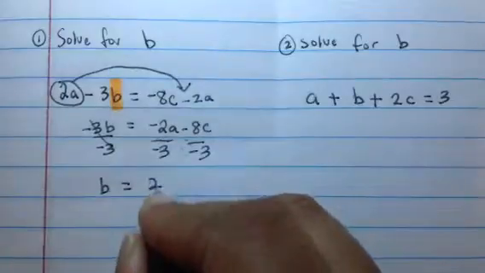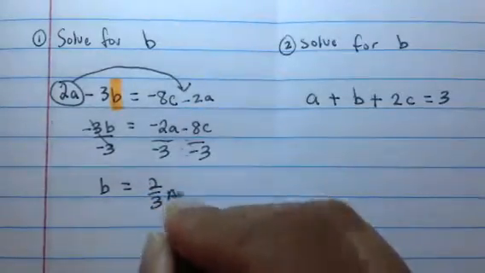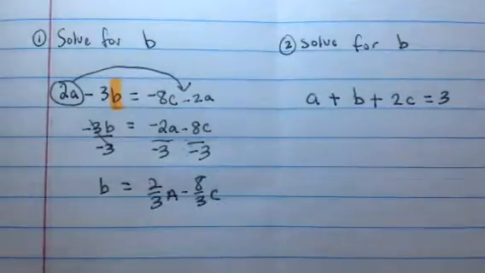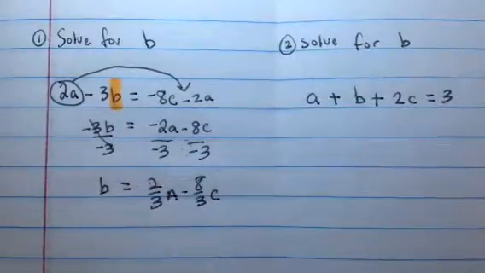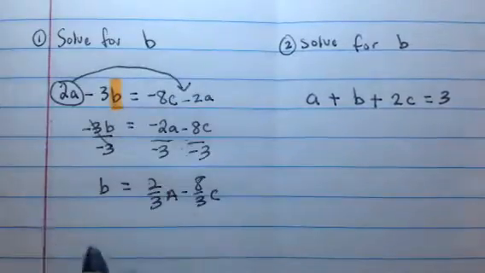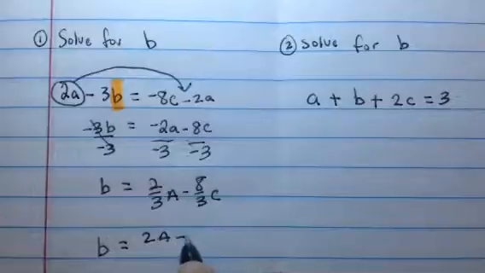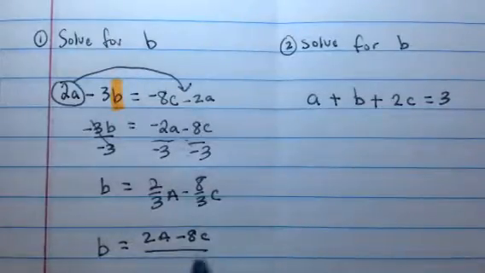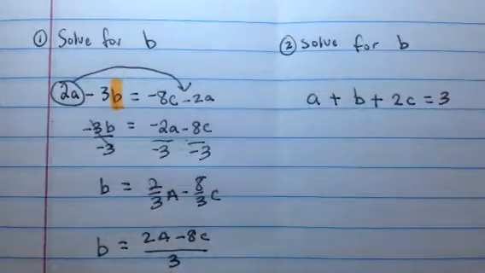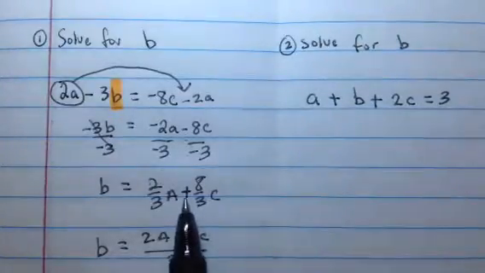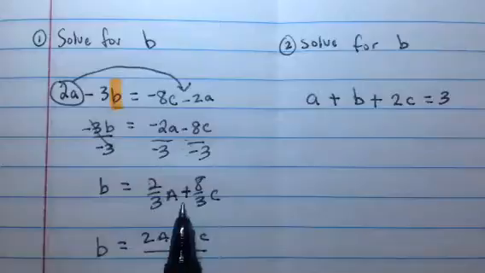And 2 negatives give you a positive. And most likely what you'll see on your EOC test, because these two are 3, you're most likely going to see 2a minus 8c over 3. Oh, that should be a positive. And just in case you don't see why, the 2 negatives make a positive.